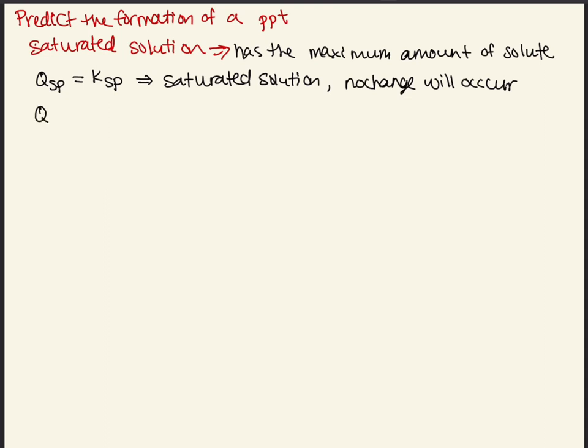Now, when Q is greater than K, then a precipitate will form until you get a saturated solution.